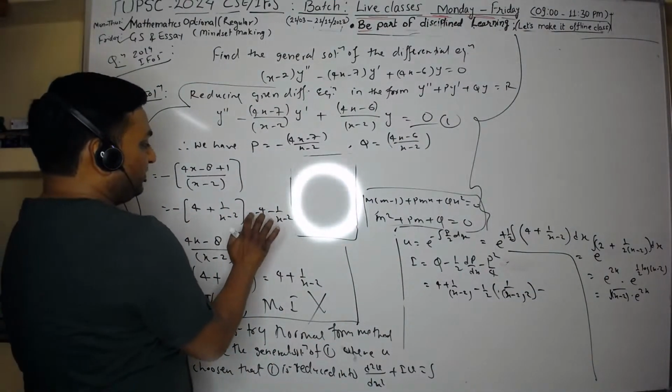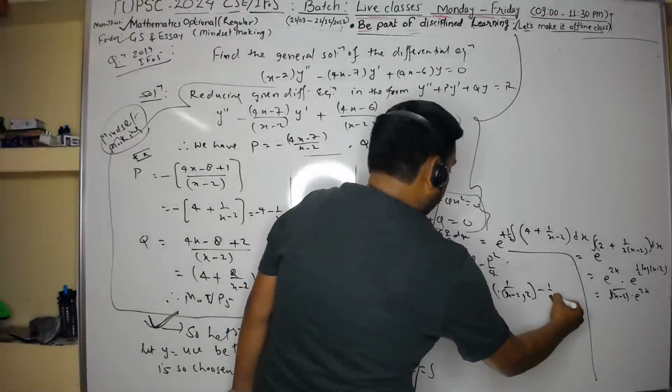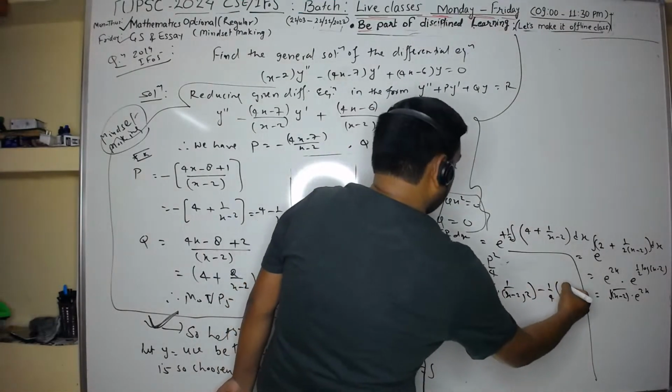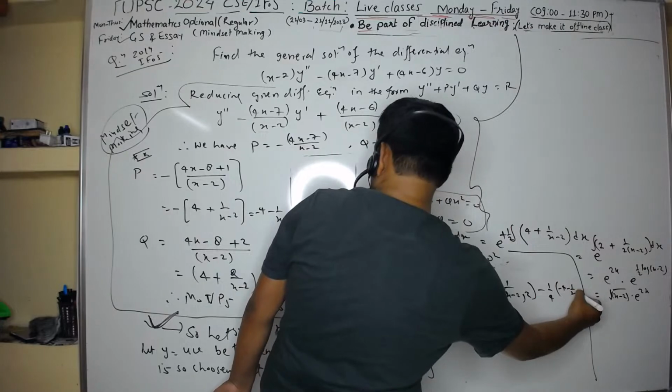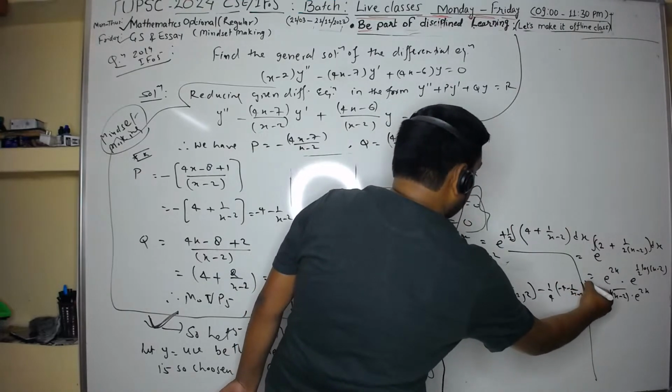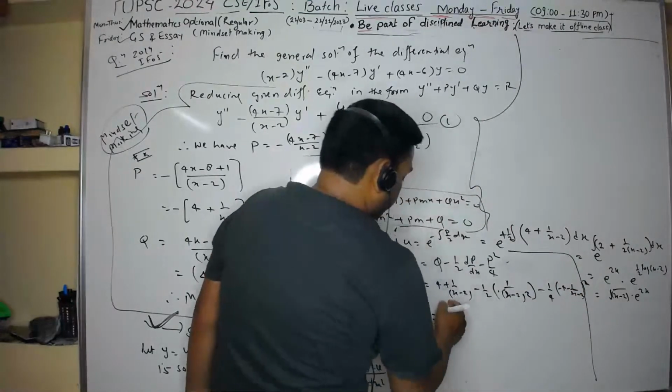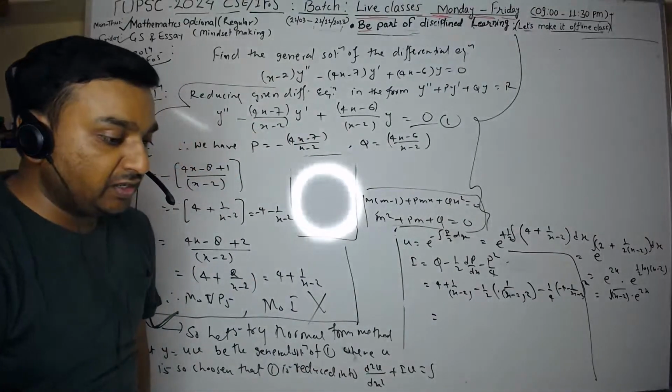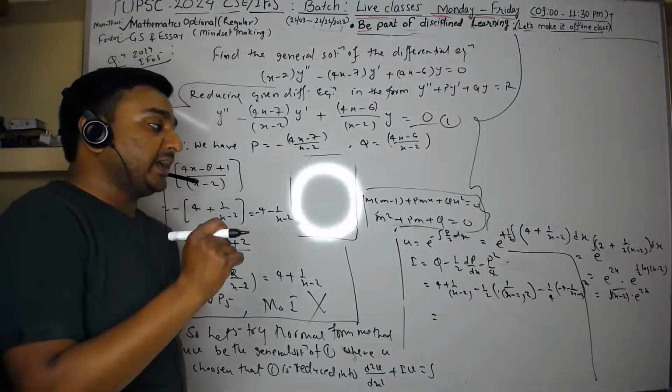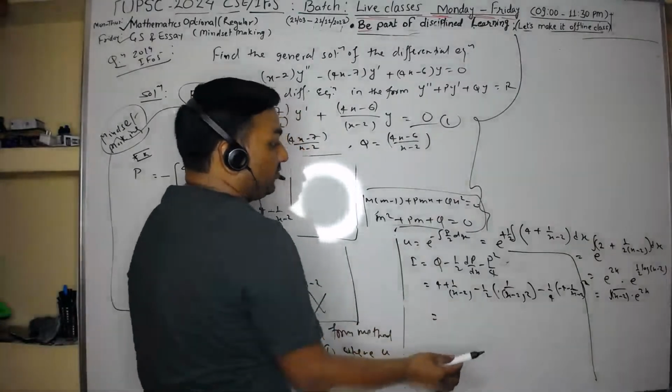P square means 1 by 4 into minus 4 minus 1 by x minus 2 का whole square. So when you simplify this expression, please be in the habit of doing such calculation.